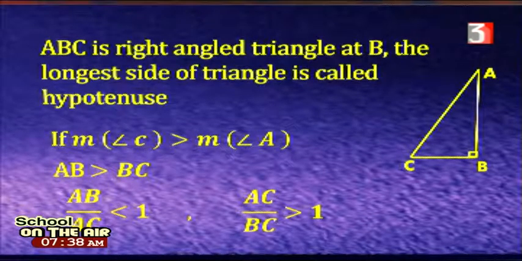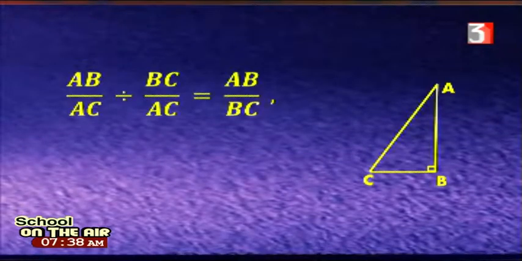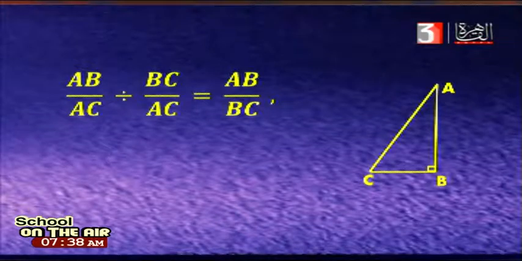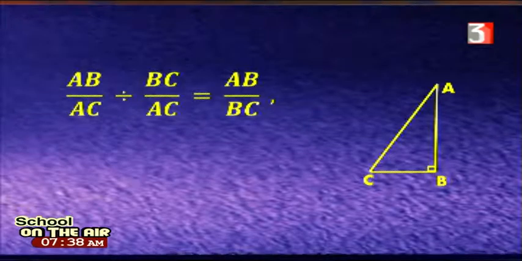Yes, a large value over a small value, so the answer will be greater than 1. What about if you divide the two ratios, AB over AC divided by BC over AC? It is going to be equal to AB over BC.